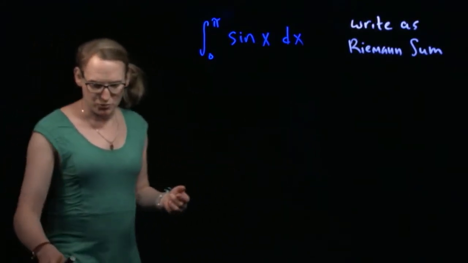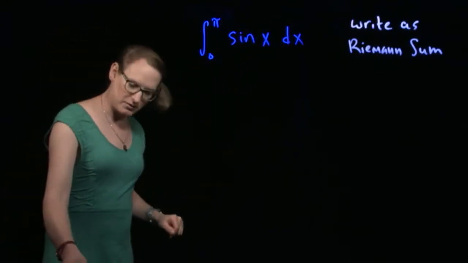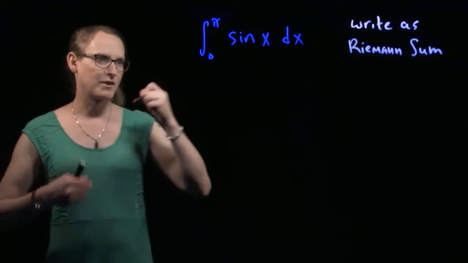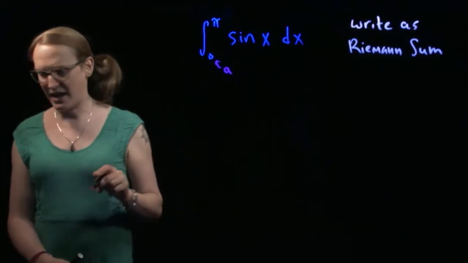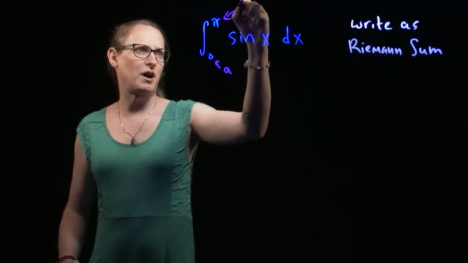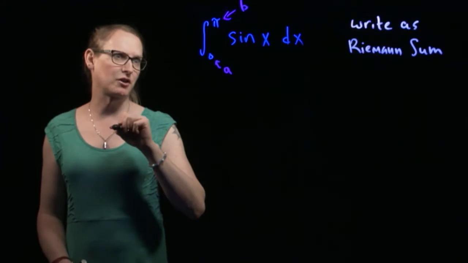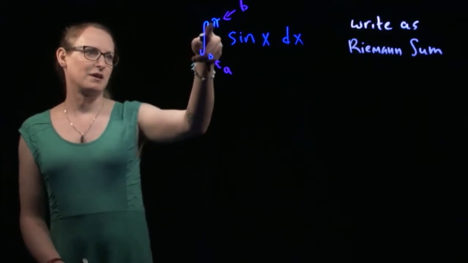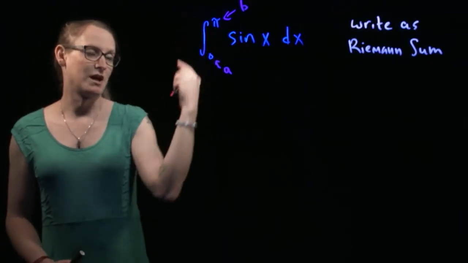First, we should probably dissect the pieces of the integral that I wrote up here. This one down here, we typically call that A. We typically call this pi here B. And those are the bounds of integration. So A to B, we read this as the integral from 0 to pi.